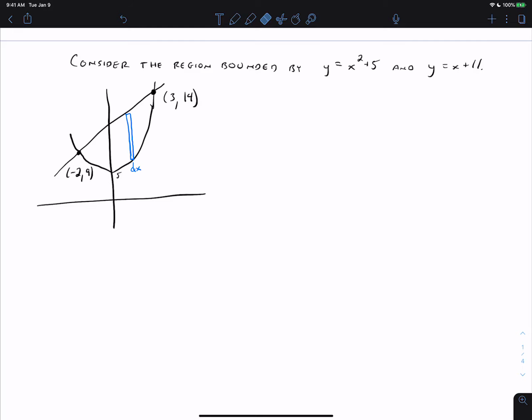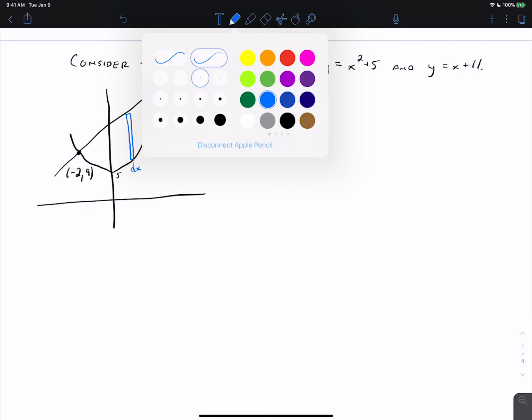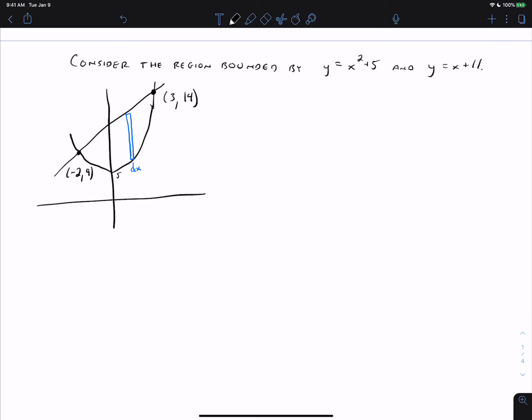Okay, so I want to look at several problems where the directions sound like this. I want us to find formulas for the distance from the given line to each of these two things.